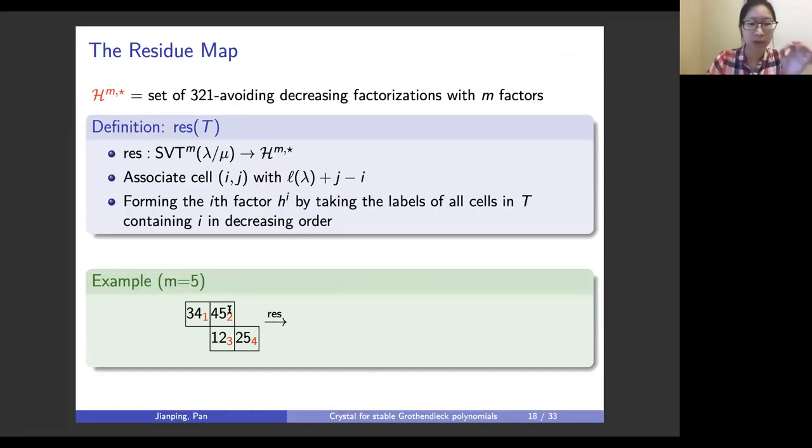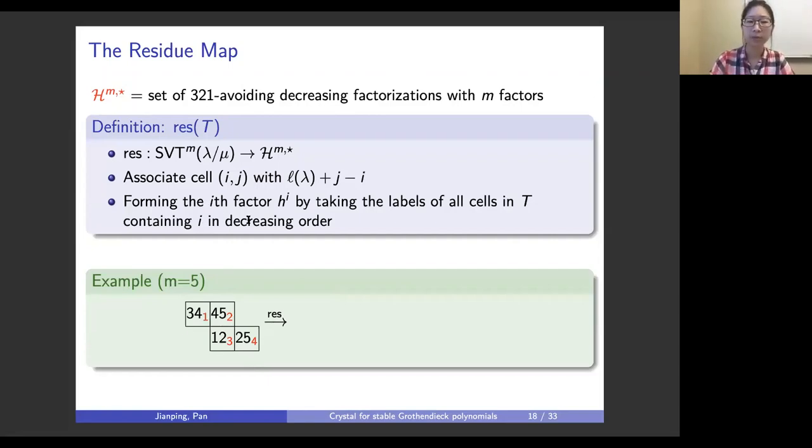So we first associate the cell in row I, column J with the label: the number of rows plus column index minus row index. I have written them down in red numbers here. These are the letters I put in each cell.